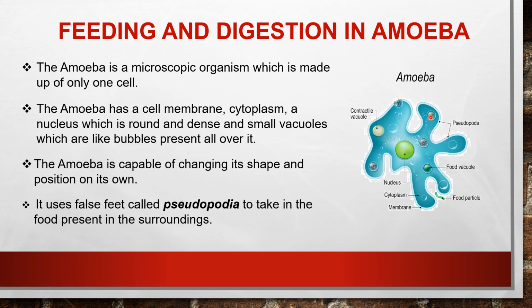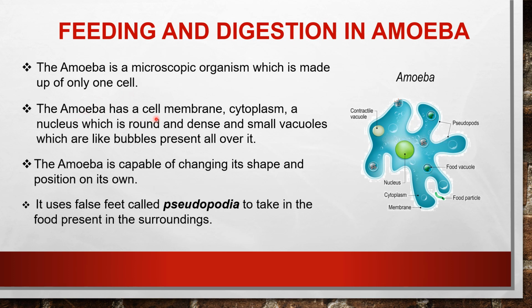So actually this vacuole means that is some empty space, a space to store food or water for that organism. So this amoeba also has some vacuoles. So that is the structure of amoeba. I am saying once again, amoeba is a unicellular or a single celled organism.